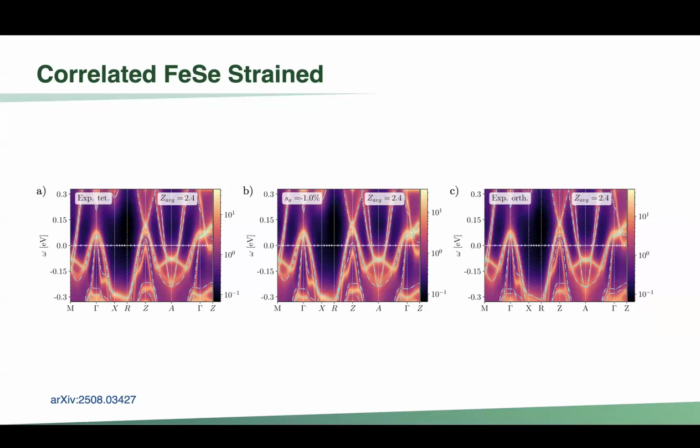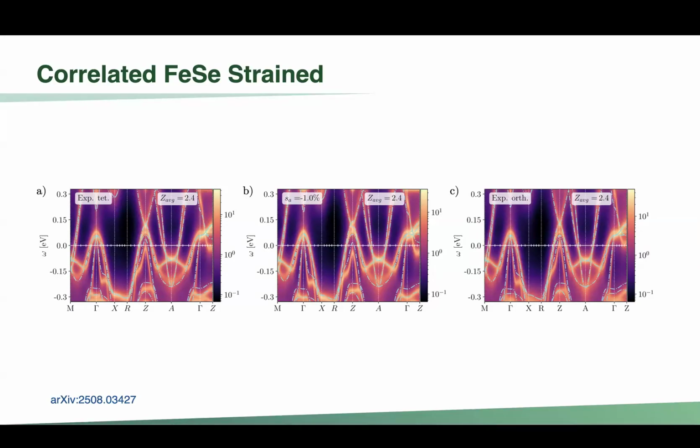We have correlations, and we know that in the case of iron, selenium, tellurium, correlations play a very important role in renormalizing the gap. We needed to do the DMFT calculations for the different cases. In some cases, the DMFT shows that the gap is not closing, which means that the topology in principle will prevail.